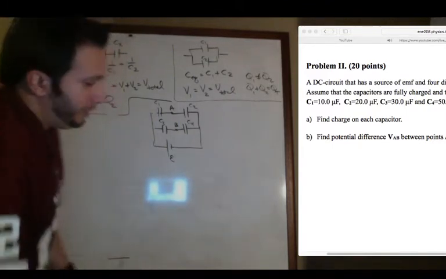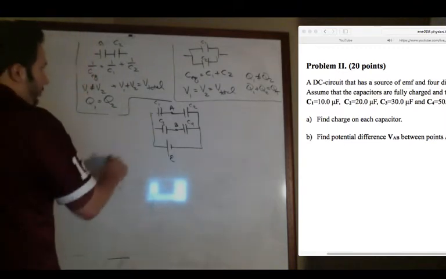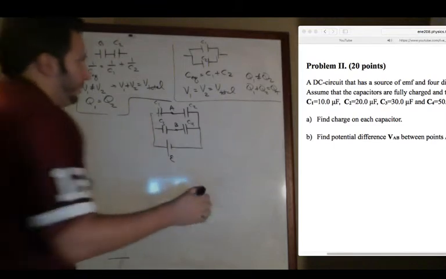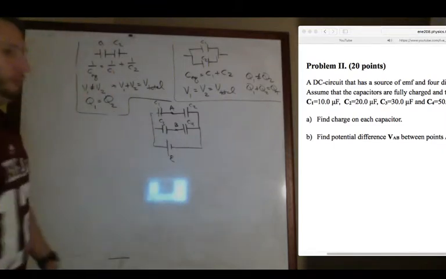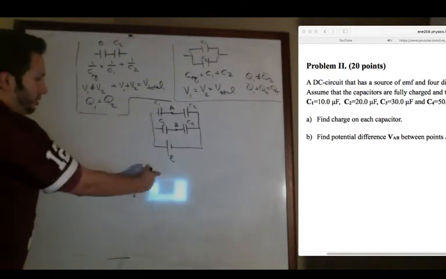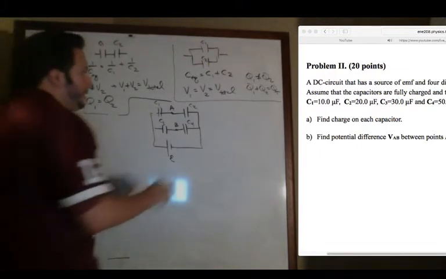So we've practiced using these rules before. We know how to deal with these so long as we follow through them. So what we first need to do is find our equivalent capacitance. Regardless of your type of situation, whether it's a circuit with capacitors or a circuit with resistors, the first thing you will always do is find your equivalent capacitance.